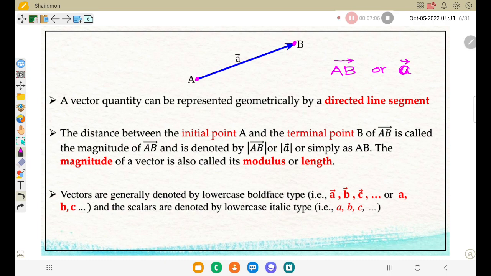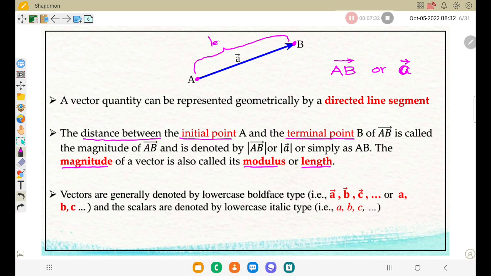Now, what is the meaning of magnitude, modulus, or length of a vector? The length of a vector means the distance between the initial point and the terminal point. That means, from A to B, how much distance is there? This is what we call the magnitude, length, or modulus of the vector quantity.